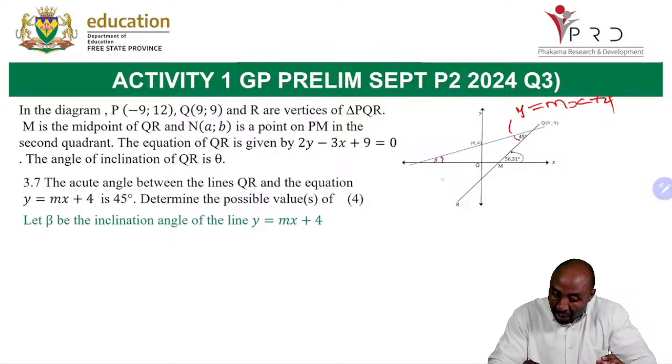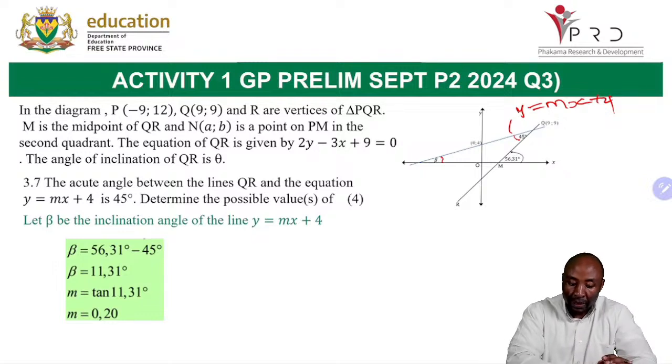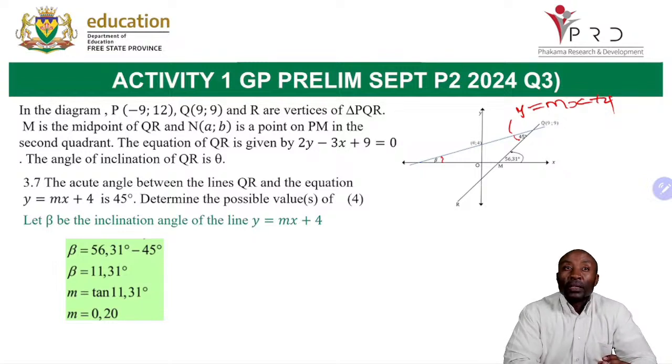Hence, we are able to determine the size of angle beta, which becomes 56,31 minus 45 degrees, and we get beta as 11,31 degrees. But remember, for us to get our m, we use tan beta is equal to the gradient. So where there is beta, we substitute 11,31. Hence, we get our gradient as 0,20.